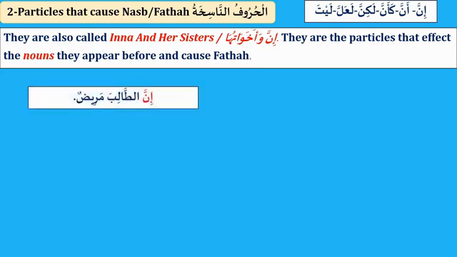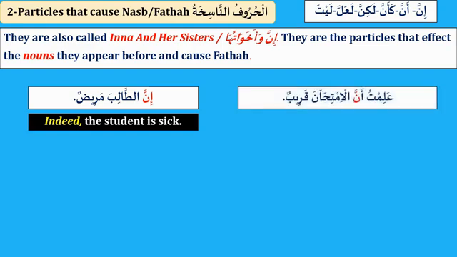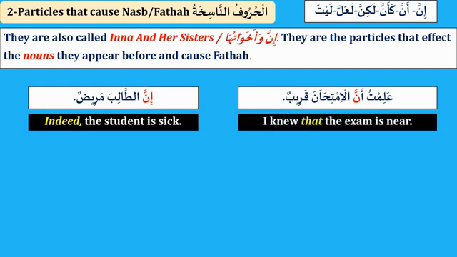Examples: Inna at-taliba maridun. Indeed or verily, the student is sick. Inna at-taliba. As we see, taliba gets fatha because inna came before it. Next example. علمت أن الامتحان قريب. I knew that the exam is near. أن الامتحان, that.